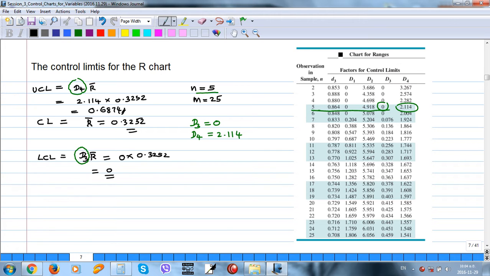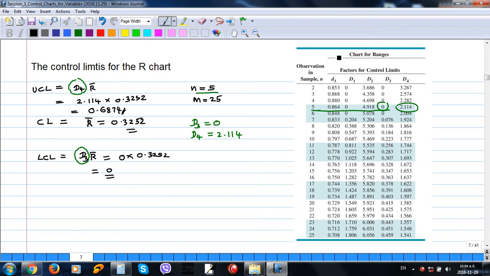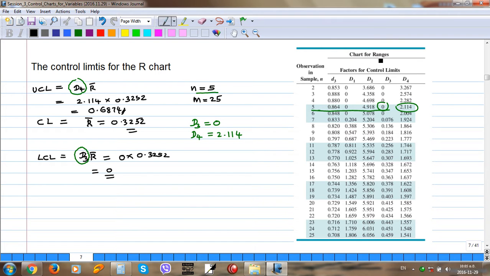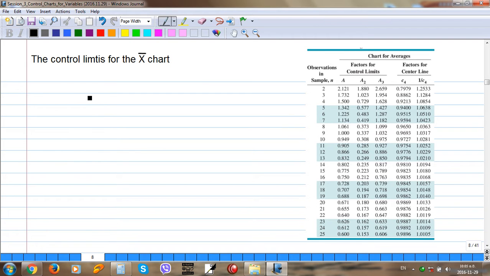In an examination, all the values are given in one table, so you have to select the appropriate, that means the correct, value set. If you are taking R charts, you have to use the chart for the ranges. For the control limits of the X bar chart, you have to use the chart for the averages.